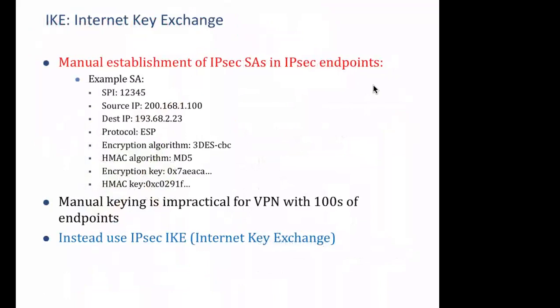So that's the step. We'll see that. Now we can do this manually also between two machines, and it used to happen that the gateway at Alice's end and the gateway at Bob's end were configured manually through operators.